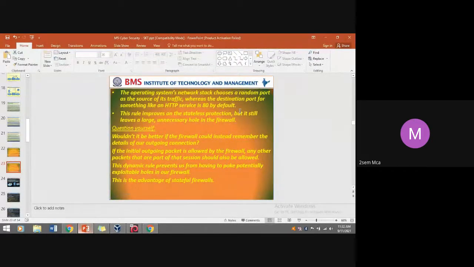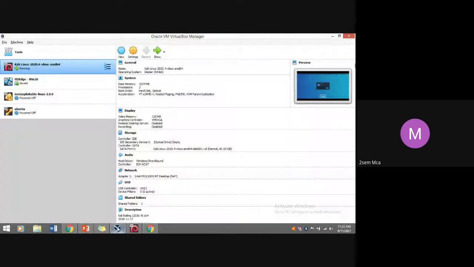The operating system usually uses a default like localhost 8080, and it chooses any other port number for the traffic. This rule improves on the stateless protection, but it still leaves a large unnecessary hole in the firewall. So always avoid keeping the default ports open. You can check that.